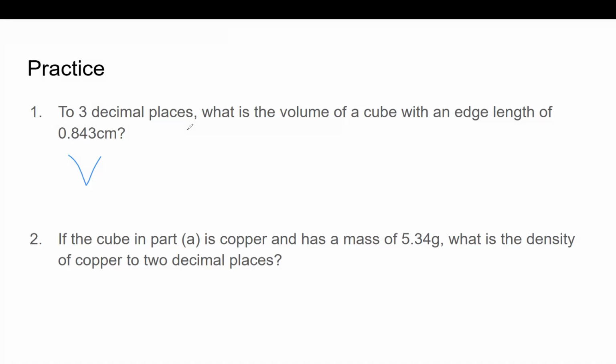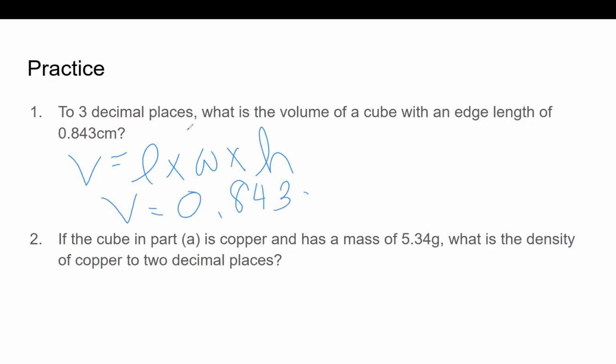So to 3 decimal places, what is the volume of a cube with an edge length of 0.843 centimeters? We know volume is length times width times height. So the volume is going to be 0.843 centimeters, because we're working with a cube, times 0.843 centimeters times 0.843 centimeters.